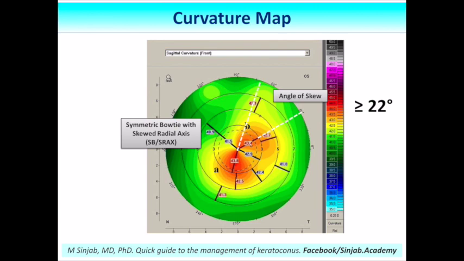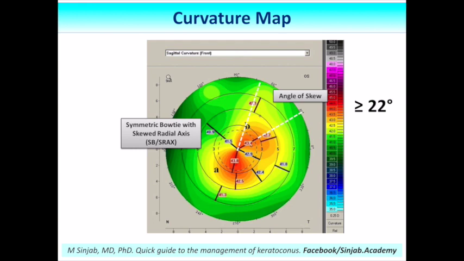Now this is the skewed radial axis. Whenever we have an angle between the axis of the inferior part and the axis of the superior part of 22 degrees or more, then this is abnormal, and this is called SRAX.